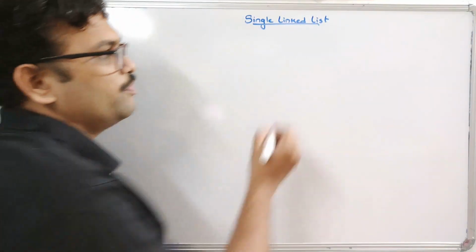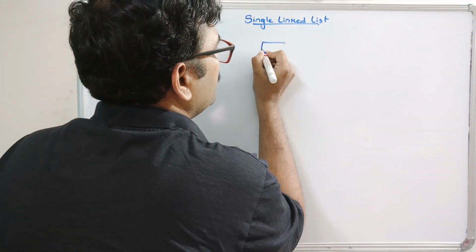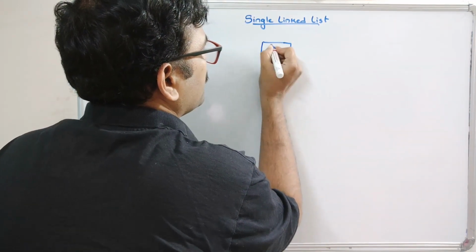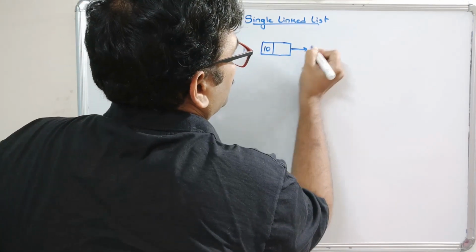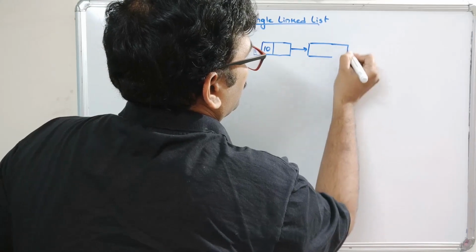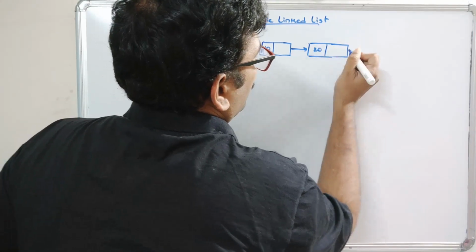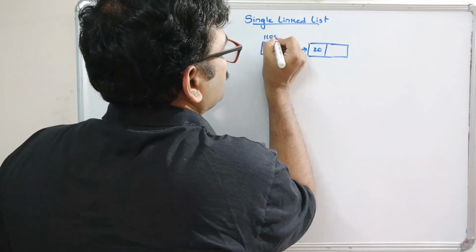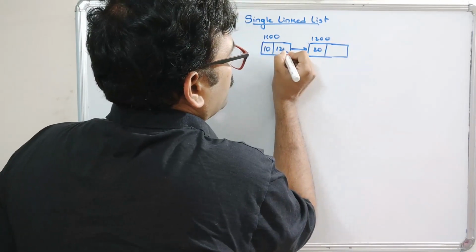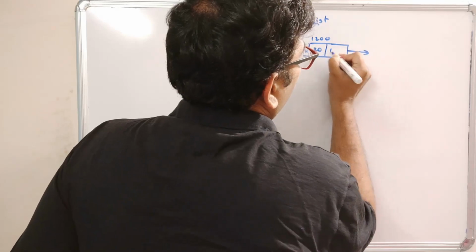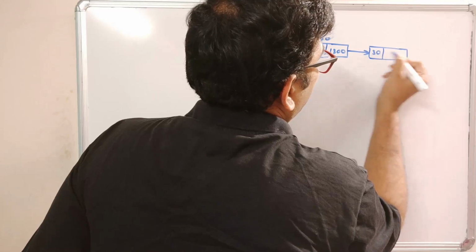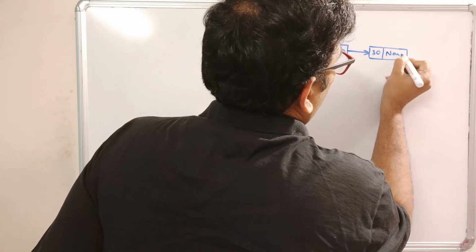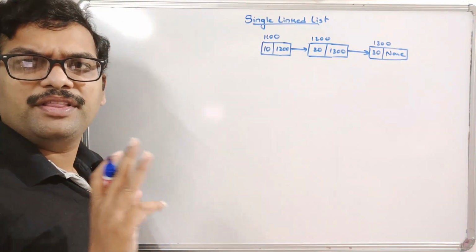Single linked list. So we'll take one data and then we'll start. So let us take this single linked list, there are only 3 nodes.